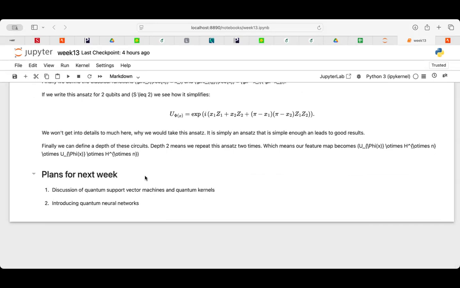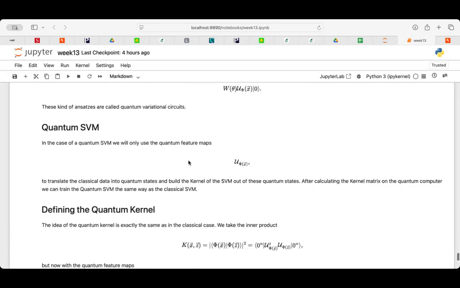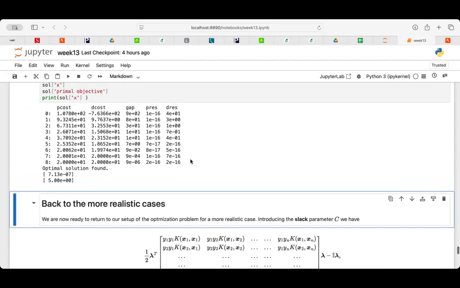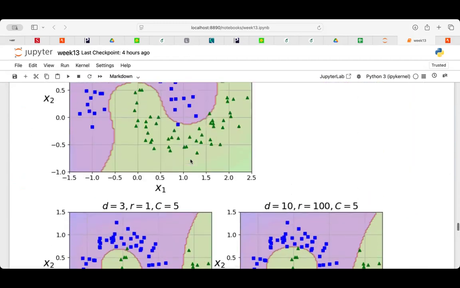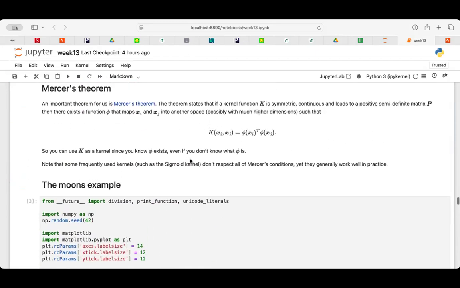However, a general introduction to standard classical support vector machines is needed, because what we are going to do now is to change these kernels and introduce quantum mechanical states and look at how we can define a quantum kernel instead of a classical kernel. The classical kernels, the most used ones, if we go back to the list which we set up earlier, if we just scroll back a little bit.